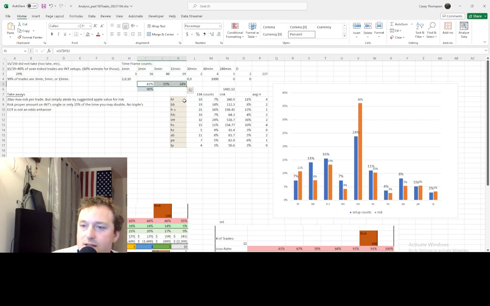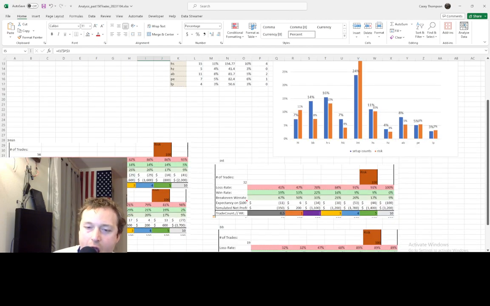Segregated like this means 14% of my trades are 15 minute trades, but then the 3 minutes and 5 minutes are kind of split amongst that as the two-thirds of them. Majority of my trades are 3 minute and 5 minute. So that's cool to see.